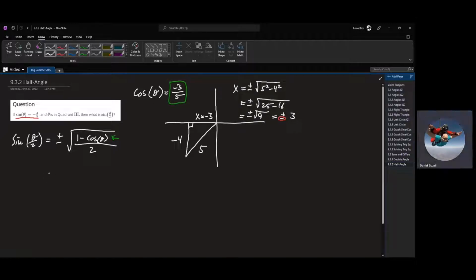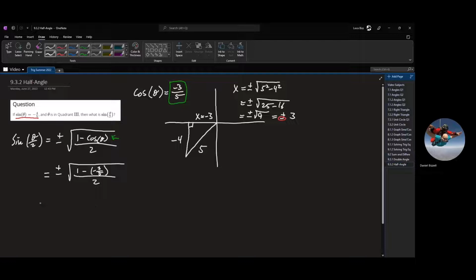And when we do that, we get sine of theta over 2 is equal to plus or minus the square root of (1 minus -3/5) over 2. Then simplifying that, we get the square root of 4/5.